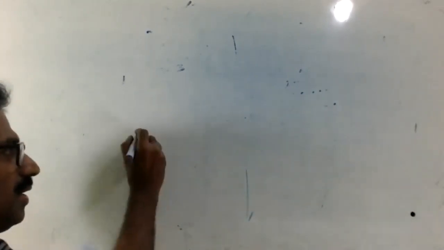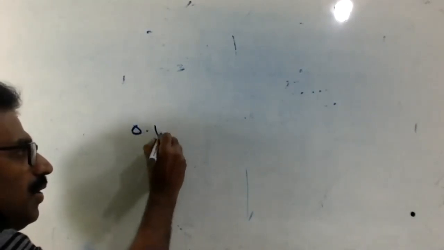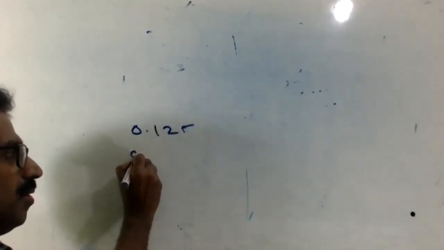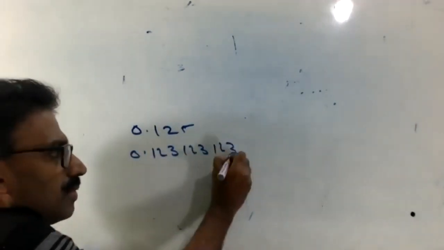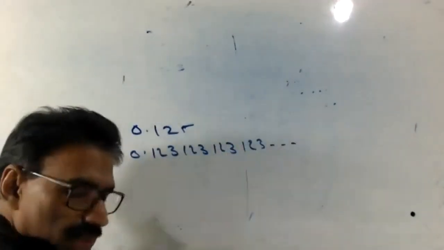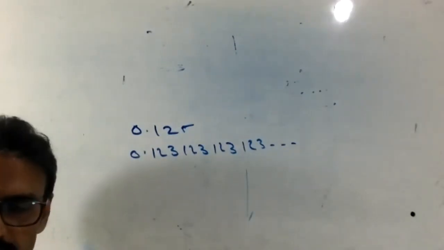Listen all. The decimal expansion of a rational number is either terminating or repeating. Correct or no? Like 0.125, or 0.123, 123, 123, like that. These are rational numbers.